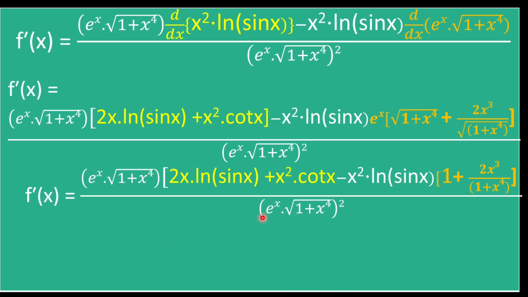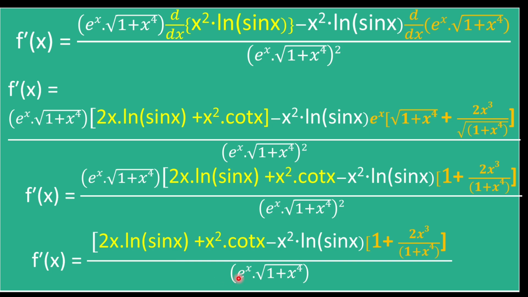And now look over here, we have this value 2 times over here, and this is 1 time, so this value will cancel this value 1 time, and the final equation will become, this will cancel with this square. So we will have 2x ln sin x plus x^2 cot x minus x^2 into ln sin x, and this value divided by e^x into square root of 1 plus x^4.